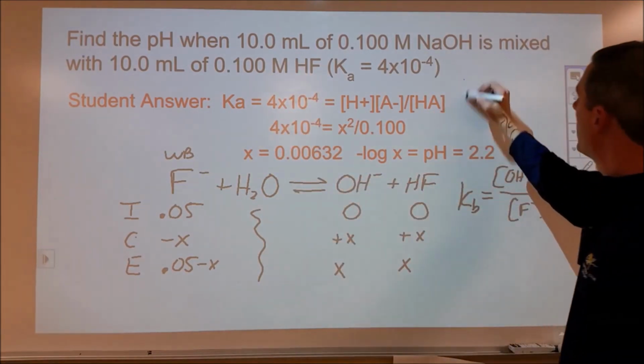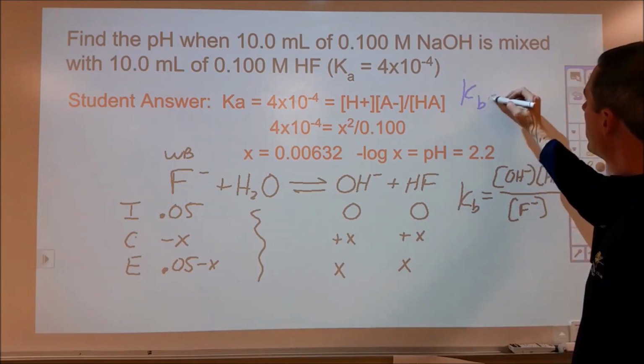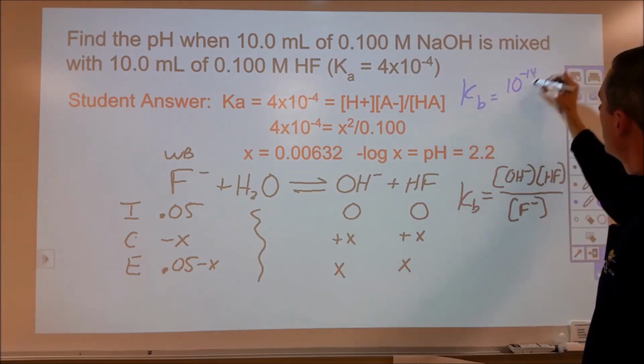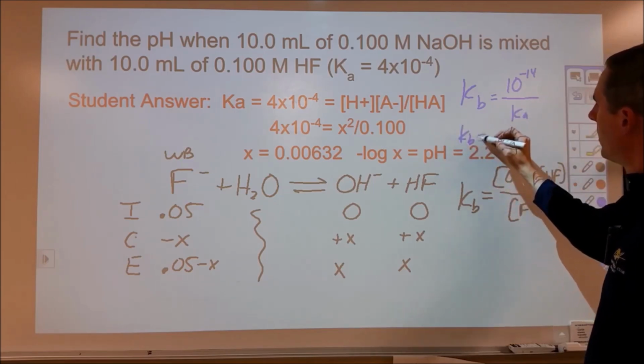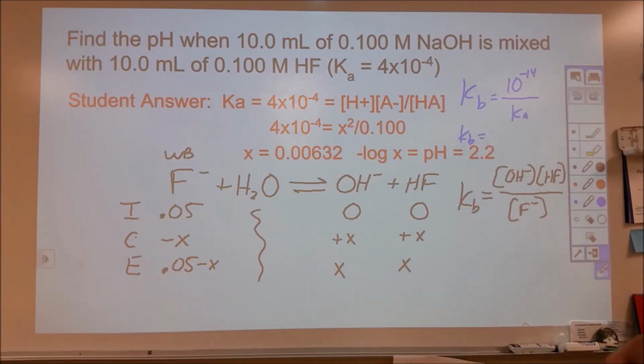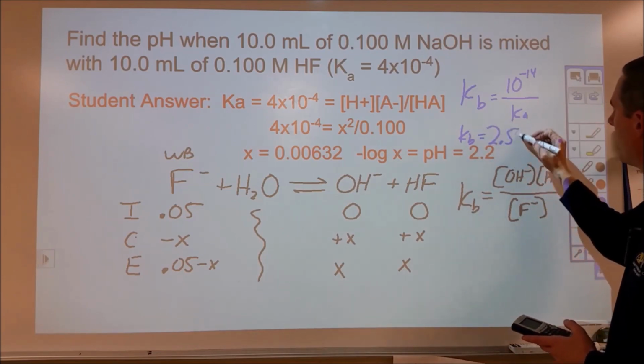So the Kb for the conjugate base is going to be equal to the Kw of water, 10 to the negative 14th, divided by that Ka. So in this case, my Kb is going to be 10 to the negative 14th, divided by 4 times 10 to the minus 4. Comes out to be 2.5 times 10 to the negative 11.